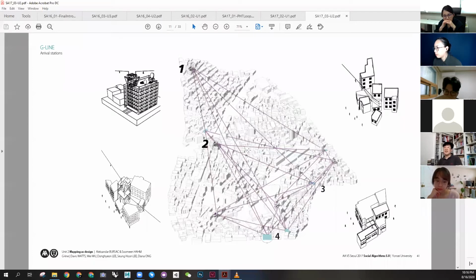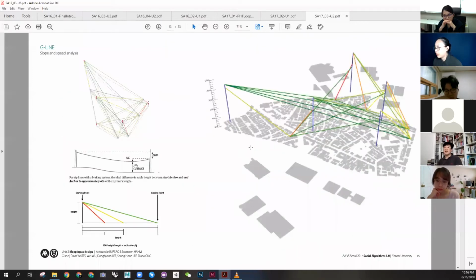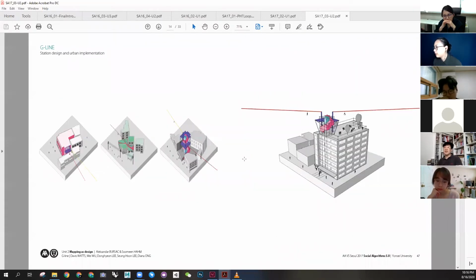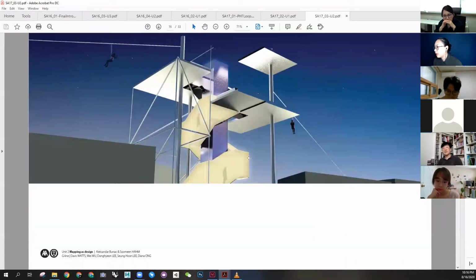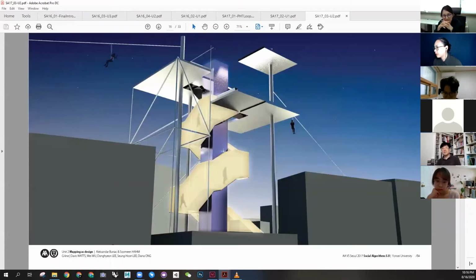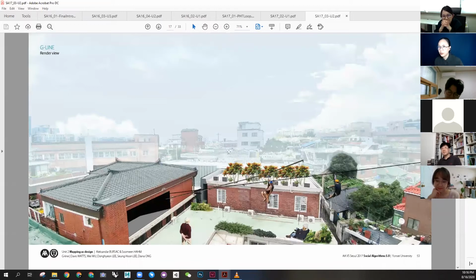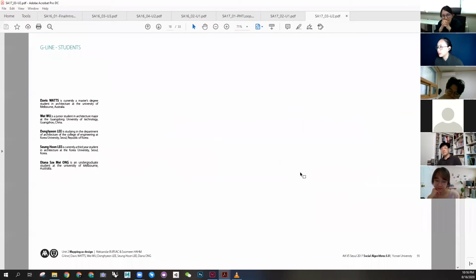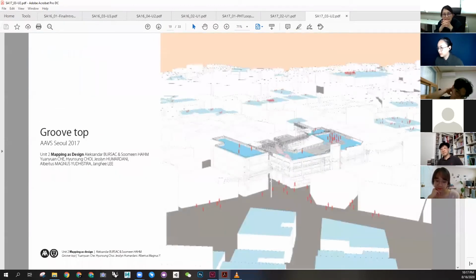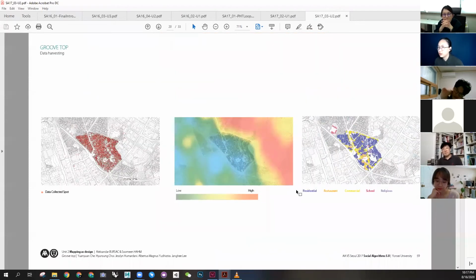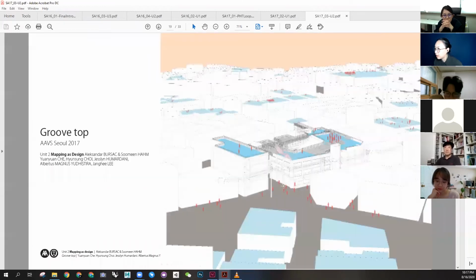And these are some proposals of how they analyzed the height and the increments. They proposed inserting programs within the site instead of doing a lot of physical or structural changes.